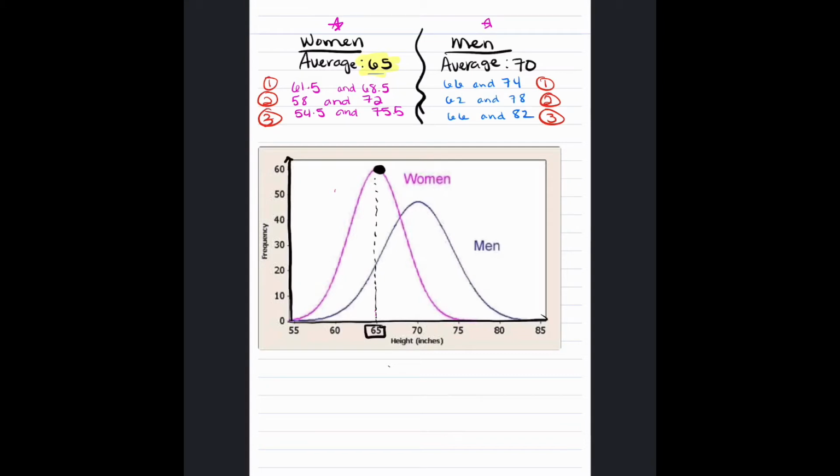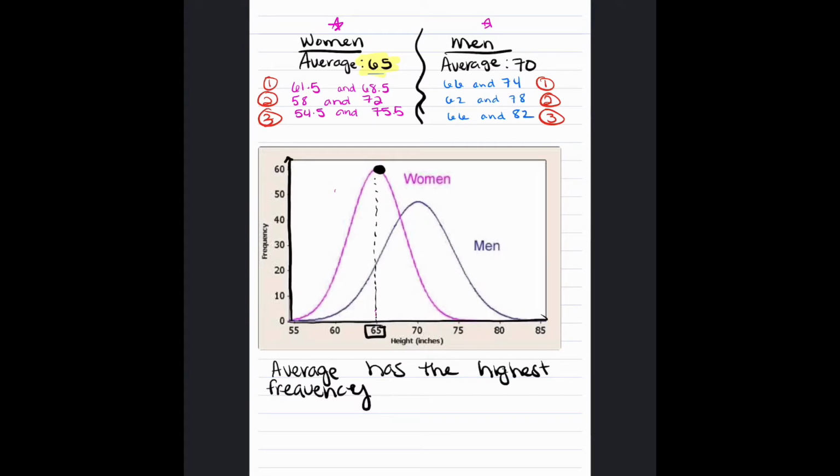So on a graph, your average will have the highest point of the curve because the average has the highest frequency, because the average is what occurred the most. Which just means it occurred the most. So if you went around and surveyed women, you would find the majority of women are about 65 inches tall.